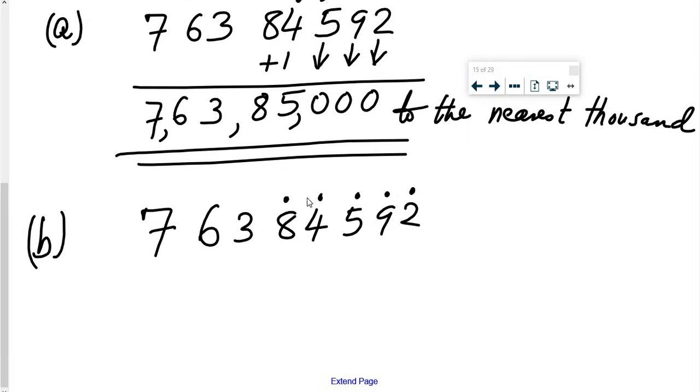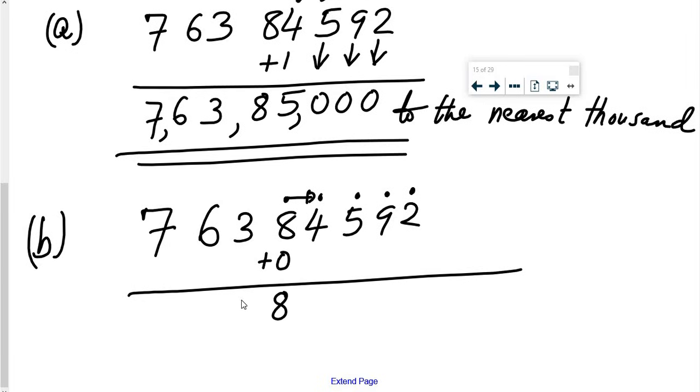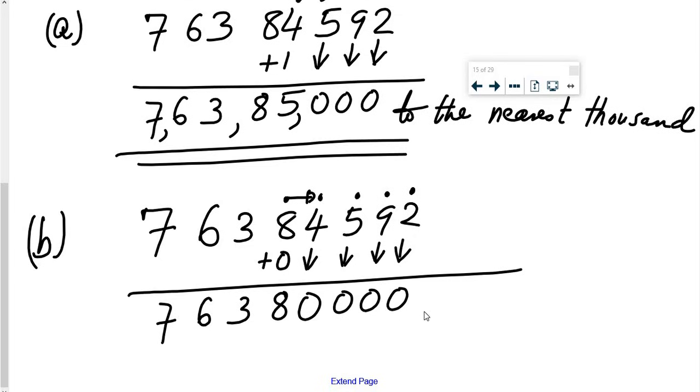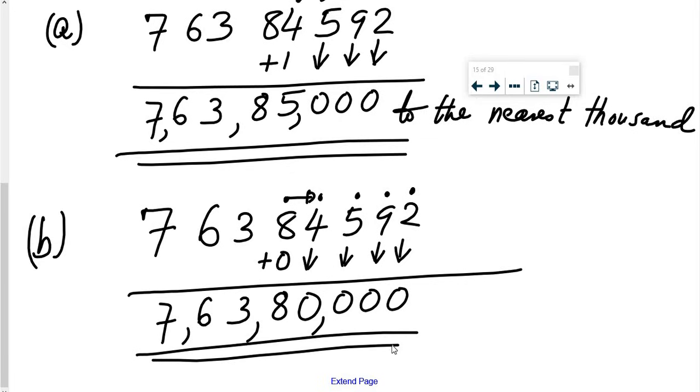We find that 8 is in the place value of 10,000. Check on the right, there is a 4, so add 0. All remaining digits are replaced by zeros, with commas 1, 2, 3, 1, 2, 1, 2. That is your final answer, to the nearest 10,000.